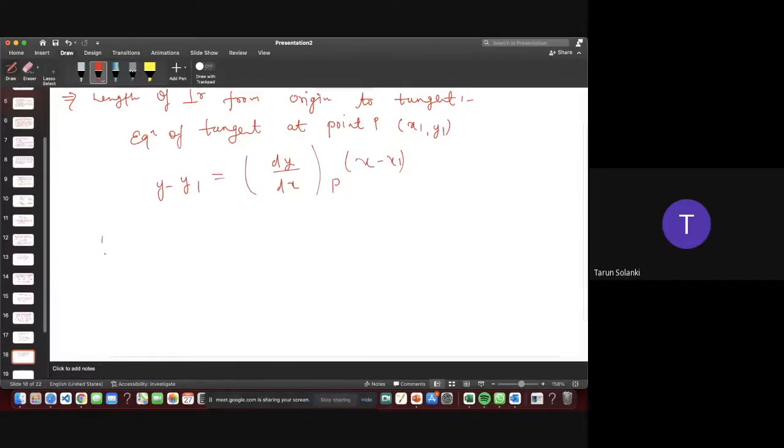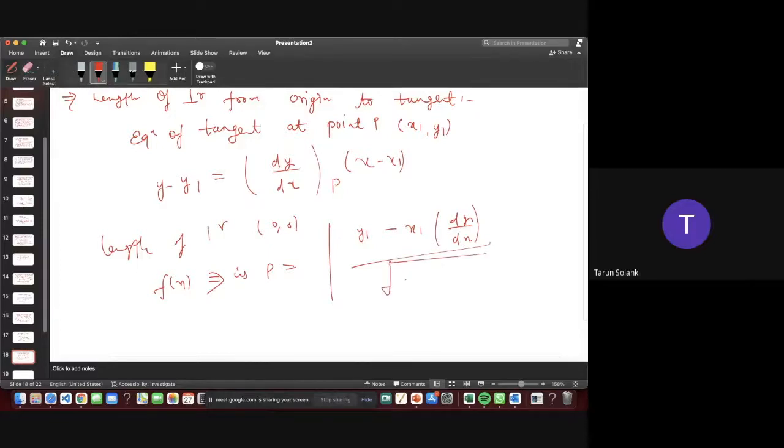So the length of perpendicular from 0, 0, that will be p, which is equals to y1 minus x1 dy by dx divided by under root of 1 plus dy by dx whole square, right?